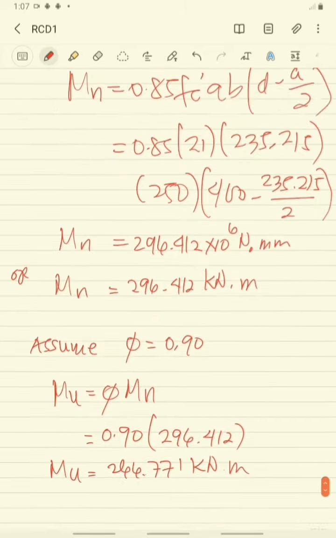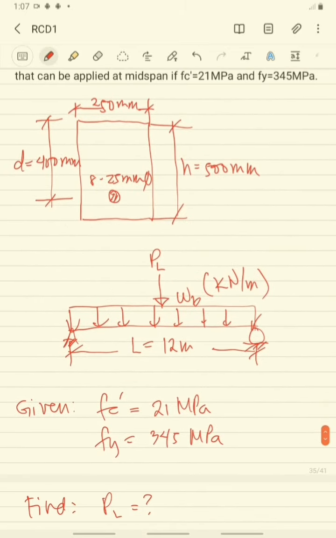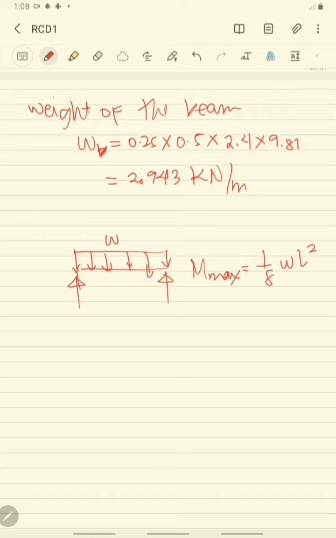Your beam is a simply supported beam, and the maximum moment for a uniform load is equal to 1 over 8 WL squared.